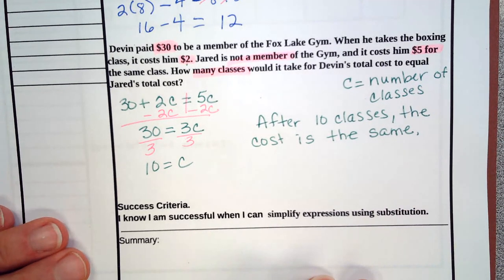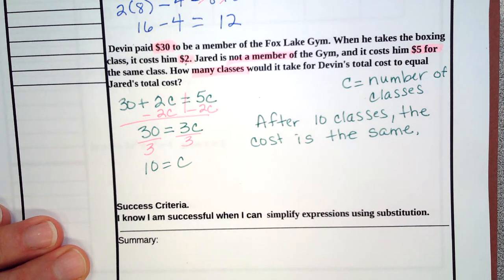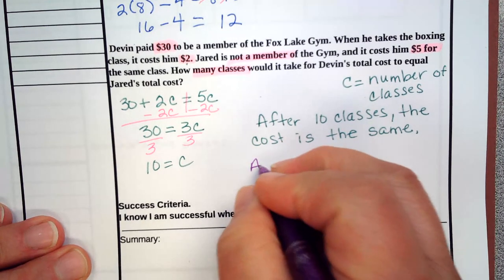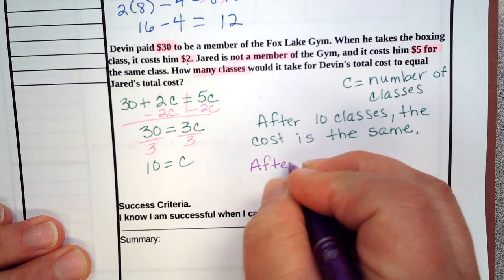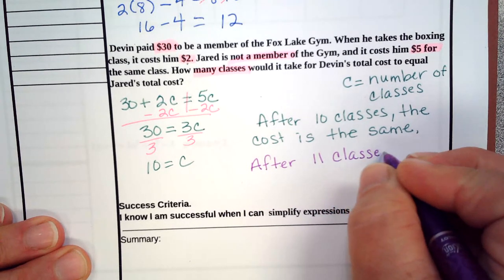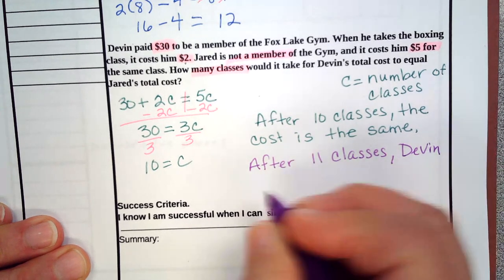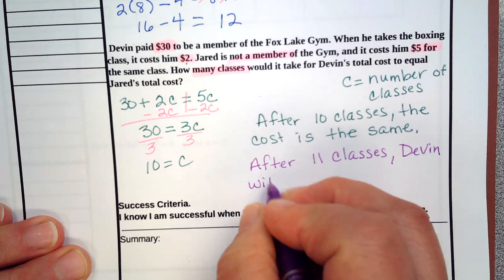What about 11 classes? Who has a better deal after 11 classes? Well, that would be Devin. After 11 classes, Devin will pay less.